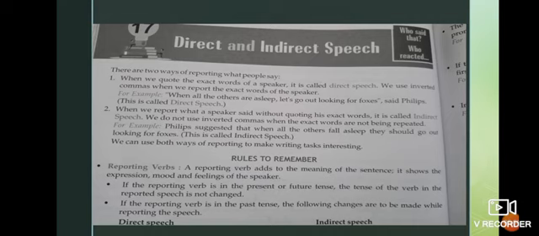And if the reporting verb is in the past tense, the following changes are to be made while reporting the speech. So children, if the verb is in the present or future tense, then there is no need to change it. But if the verb is in the past tense, then we have to change it.